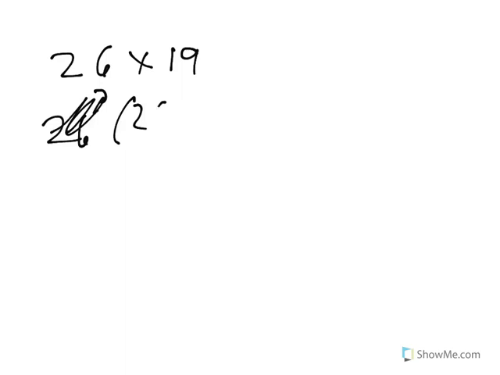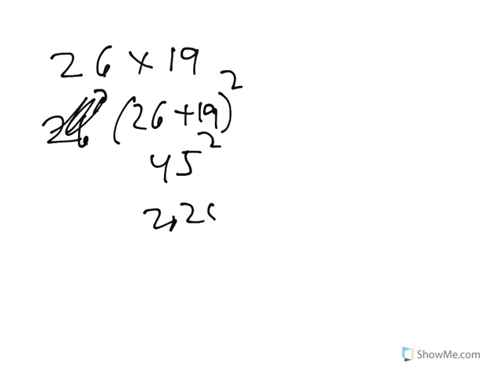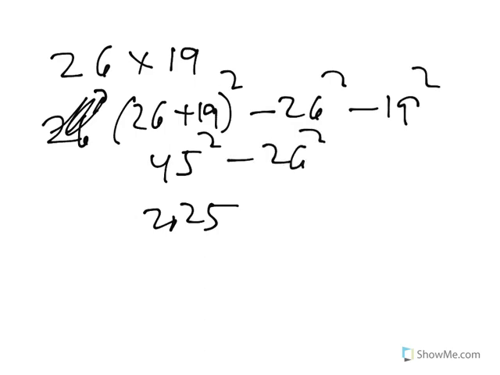There is a second algorithm that uses the table of squares. You add the two numbers together, 26 plus 19 squared, which is 45 squared, which is 2,025, and subtract 26 squared and 19 squared, both of the numbers that you're trying to multiply together. 26 squared is 676, and 19 squared is 361.